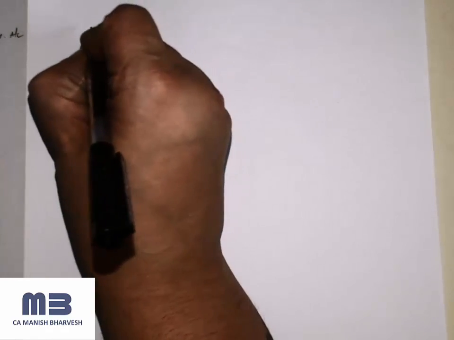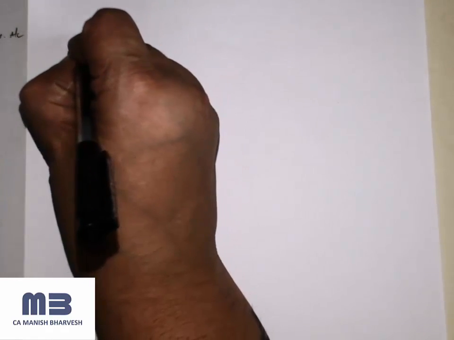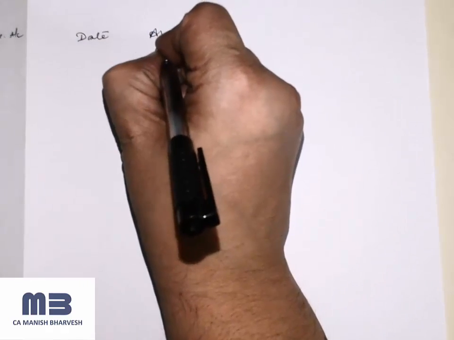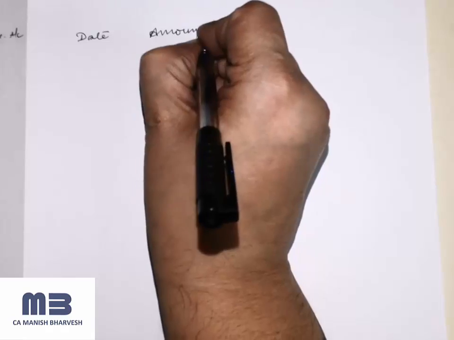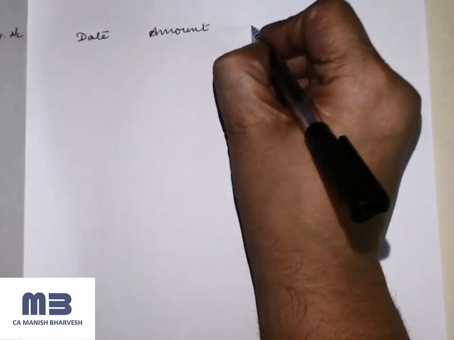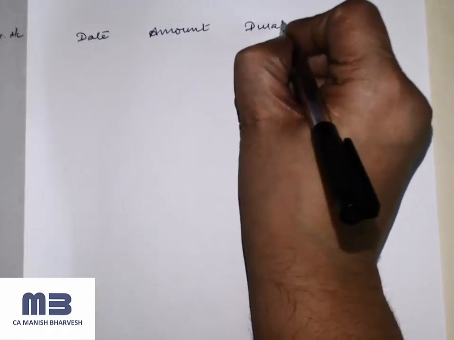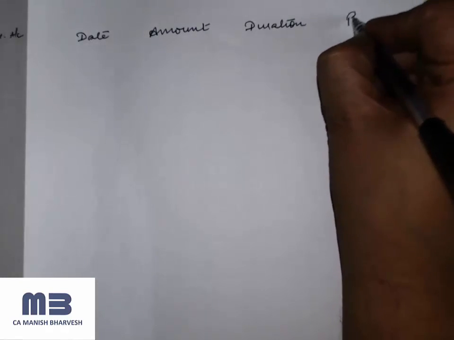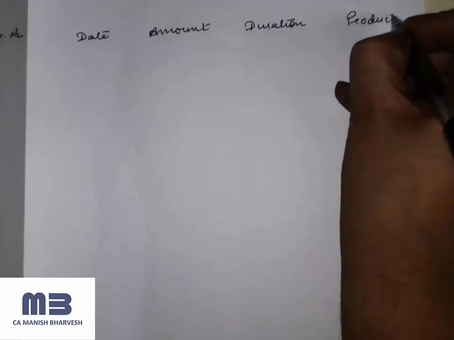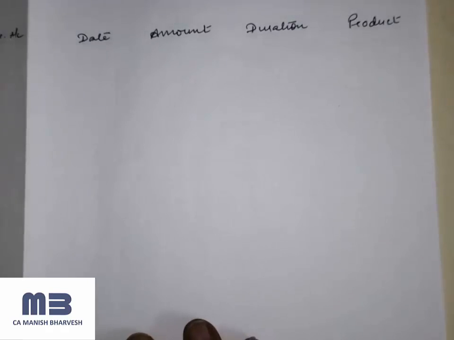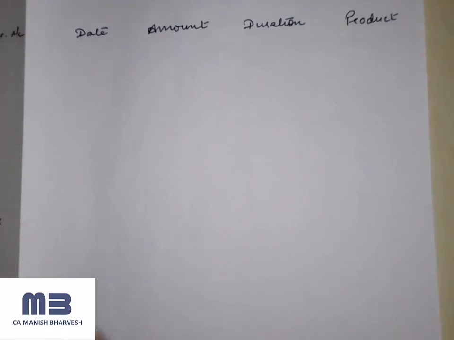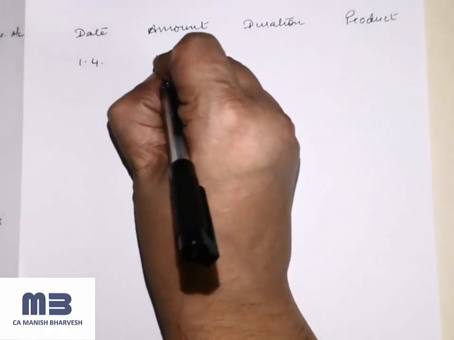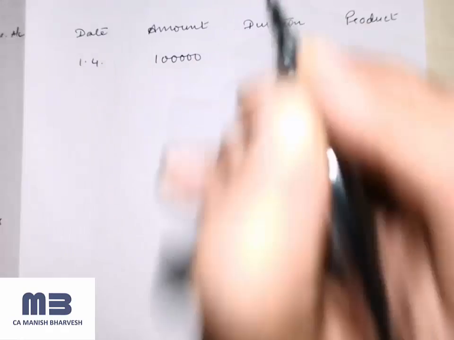So now we are starting with the solution, how we have to present it. We have to make a table: date, amount, duration, and product. First date was 1st April. Amount was rupees 1 lakh.